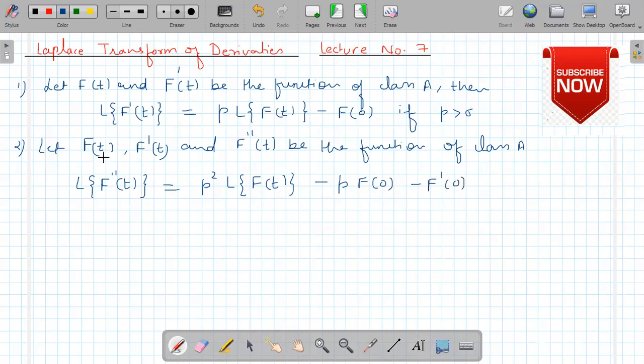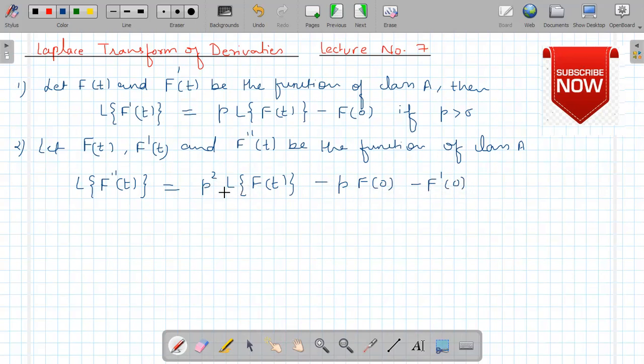Because f(t) belongs to class A, so L of f(t) will exist, and here these two are the values of the function at 0.